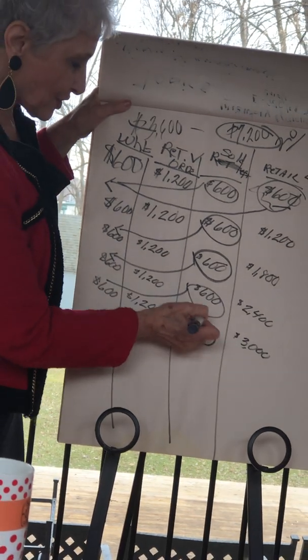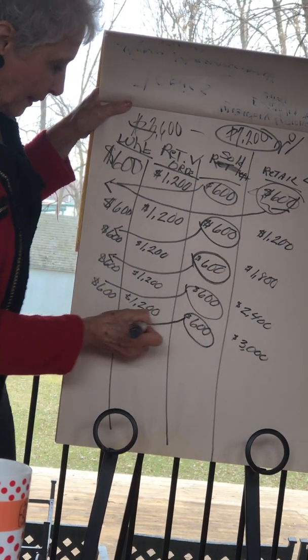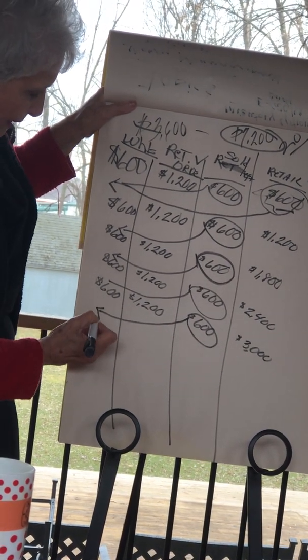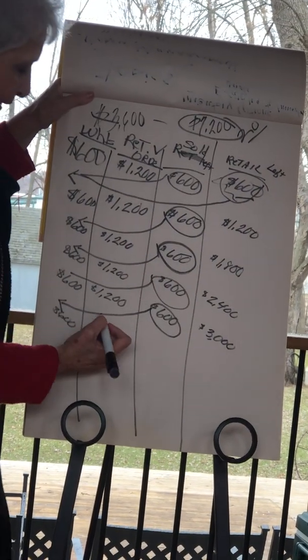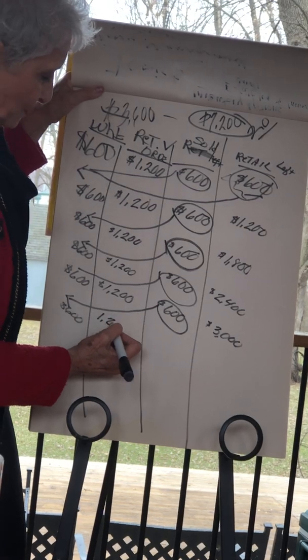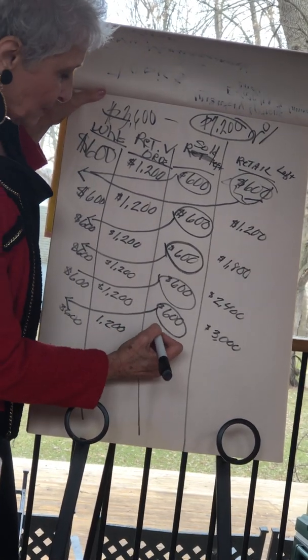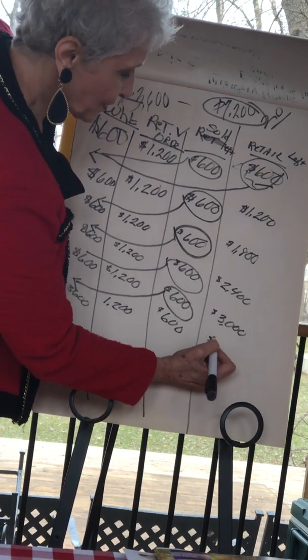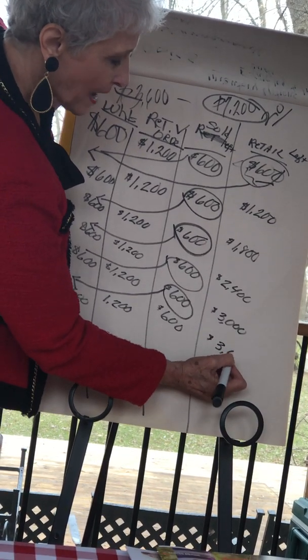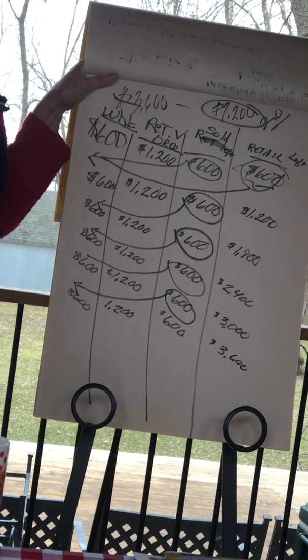You take the cash, place a $600 order. Retail value of that order is $1,200. You sell 600, and you now have 3,600 retail on your shelf.